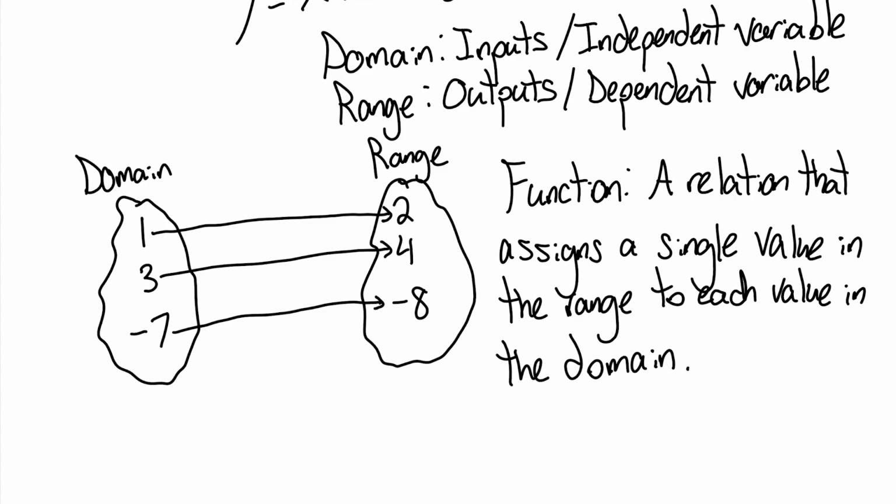So a single value in the range is assigned to every value in the domain. So in other words, there's only one arrow coming out of these numbers in the domain.